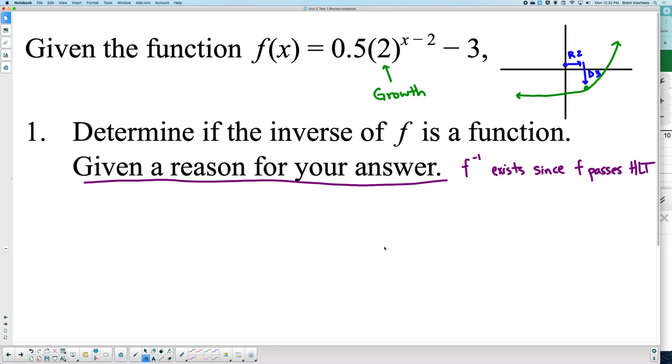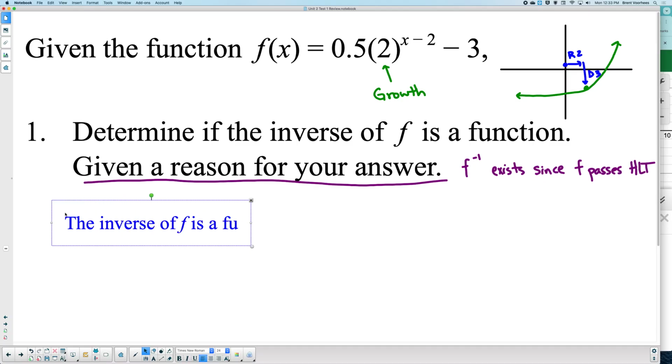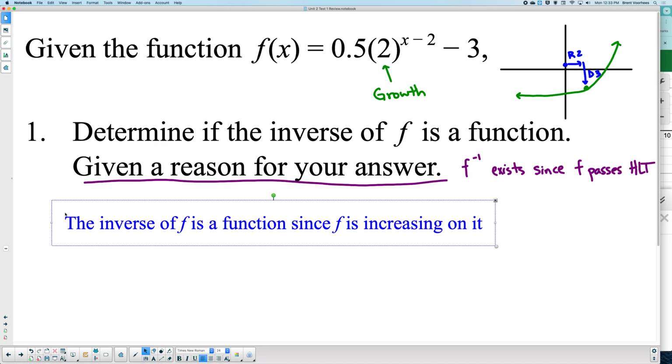Increase. So here's how you would write your answer. The inverse of f is a function since f is increasing on its domain.